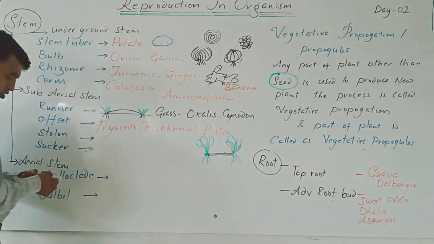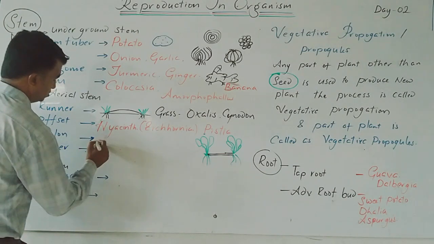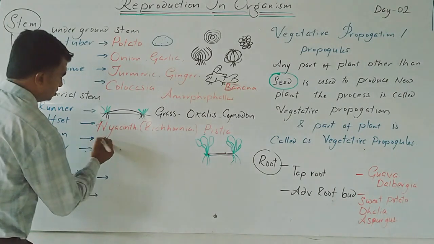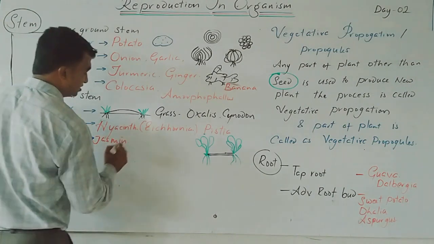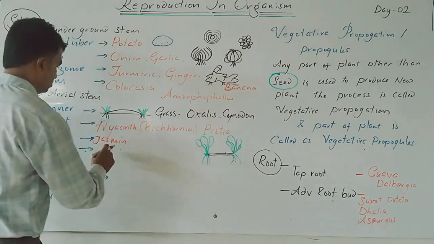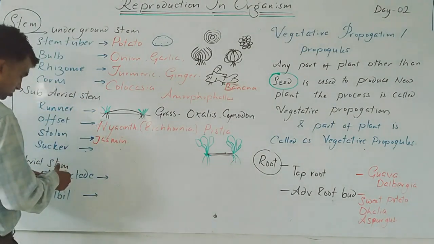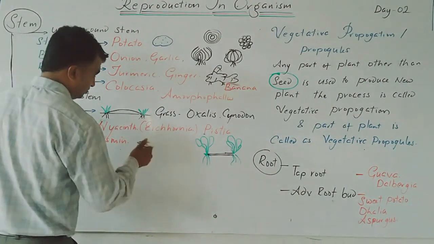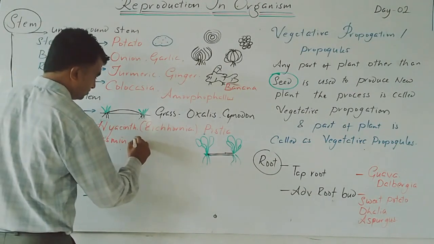When you take the stolon, the example is jasmine. Yes, jasmine. So here this is a plant.